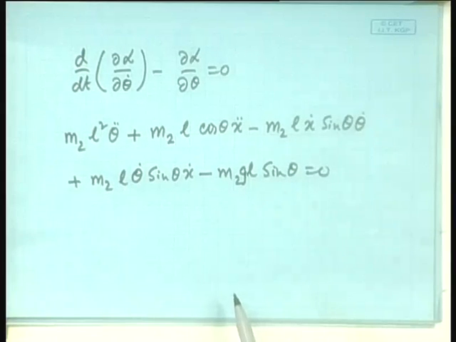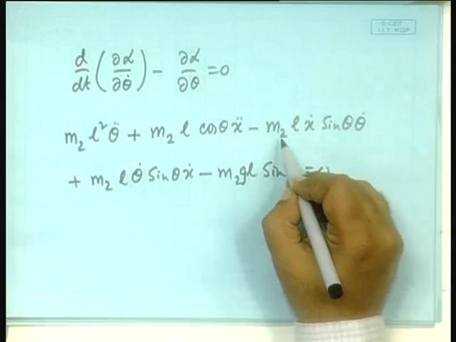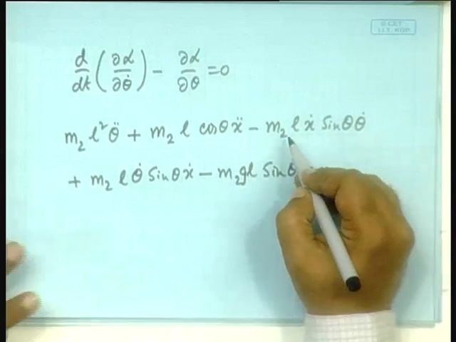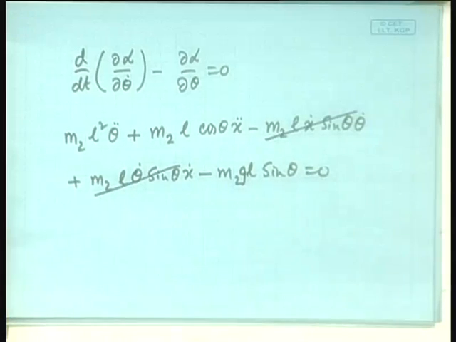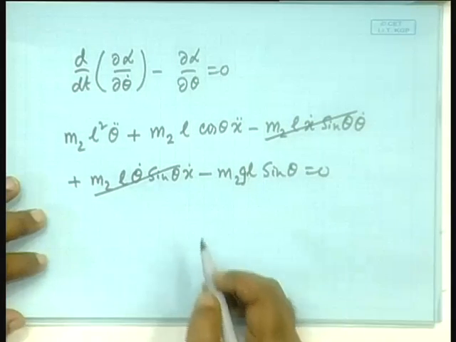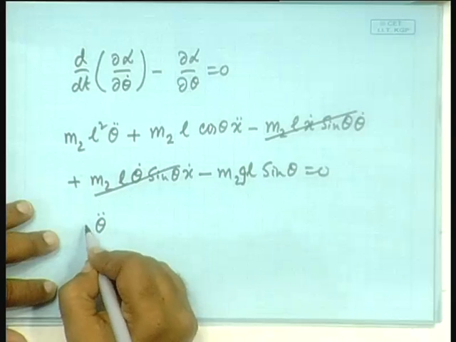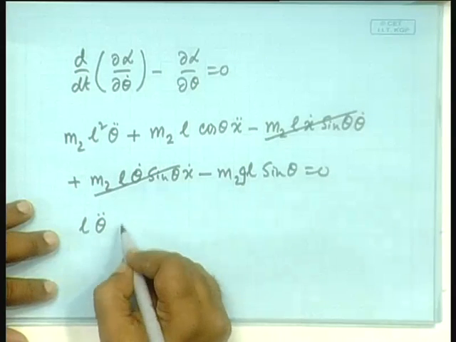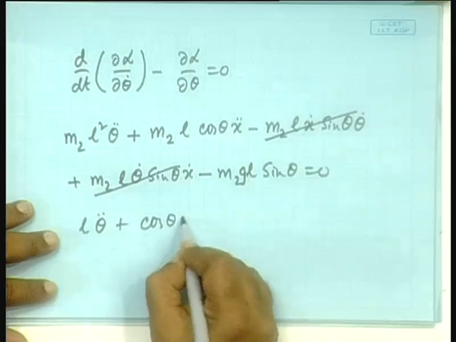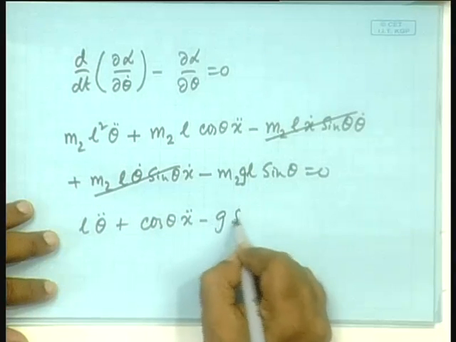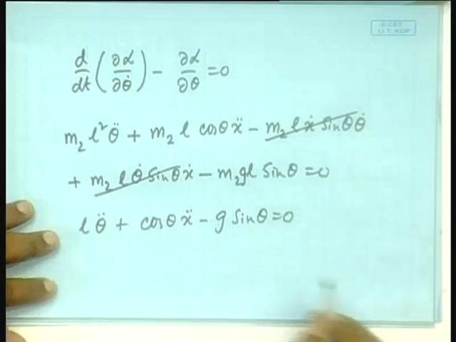Does anything cancel off? No, third and the fourth, they cancel. M2 L cancels off, so it is actually a simpler equation: L theta double dot plus cos theta x double dot minus g sin theta equal to 0.